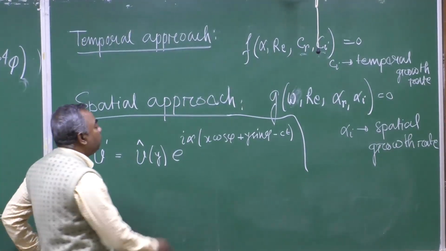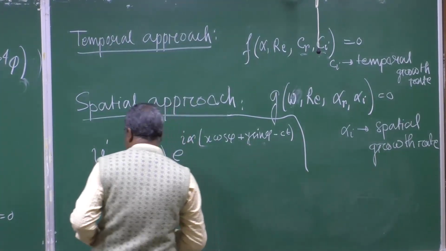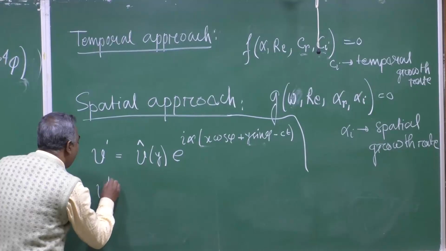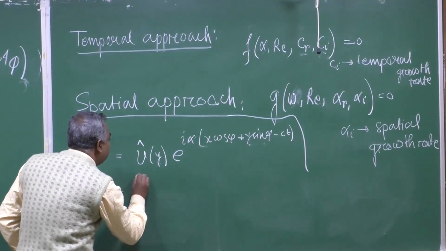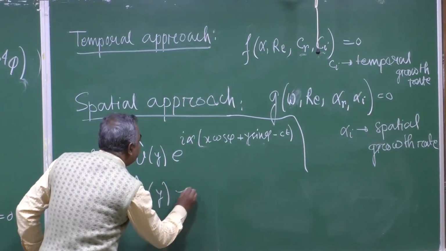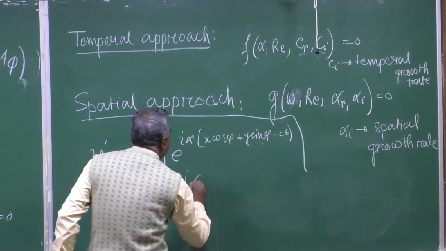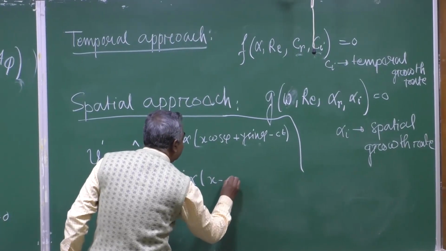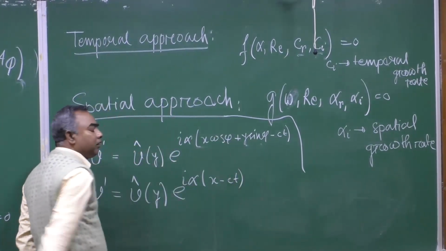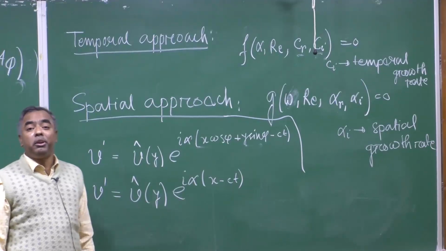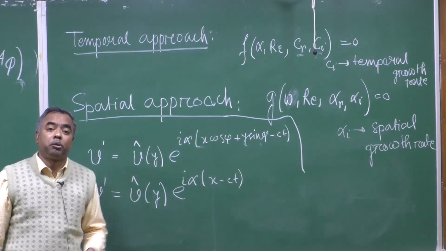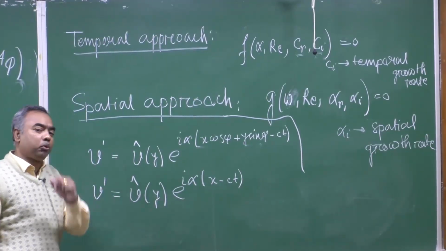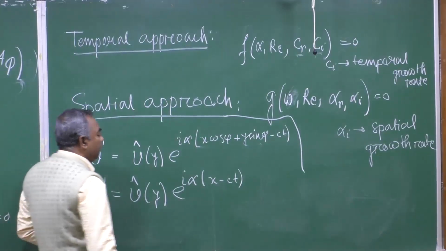Therefore we could get rid of this particular quantity. In our normal mode approach we can then write simply I alpha x minus C t, because phi is equal to 0 here, the disturbance is propagating along the x direction, as we talked about in the last class.